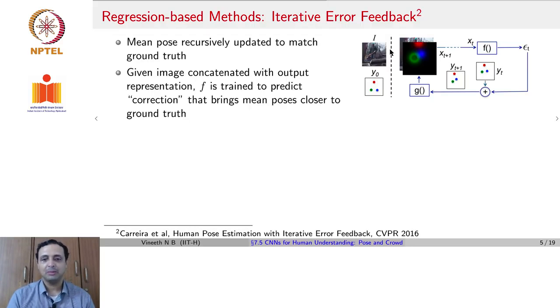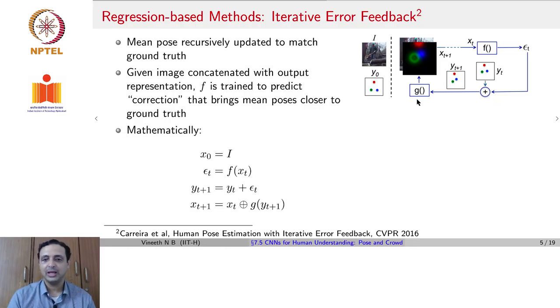So you have an input image and you have an average human pose skeleton here, and the job of the neural network is only to predict the deviation from the mean pose skeleton. So given an image concatenated with its output representation, the neural network now is trained to predict the correction that brings the mean pose closer to the ground truth.